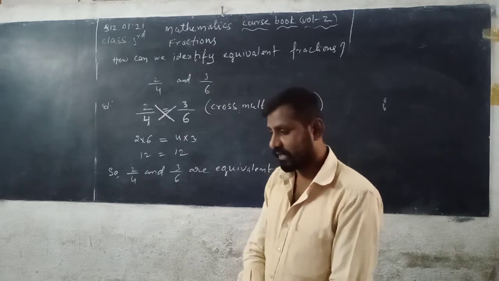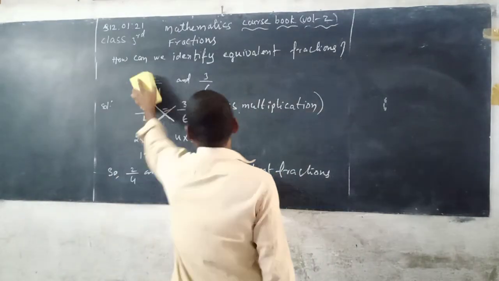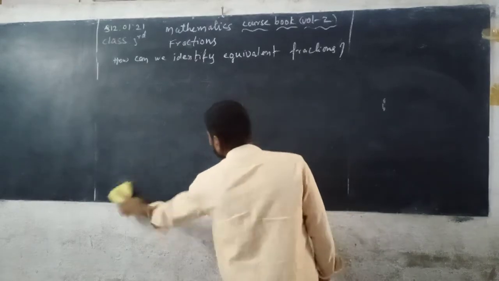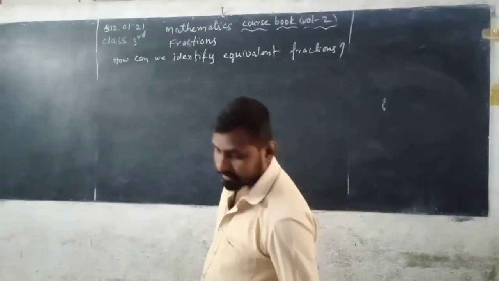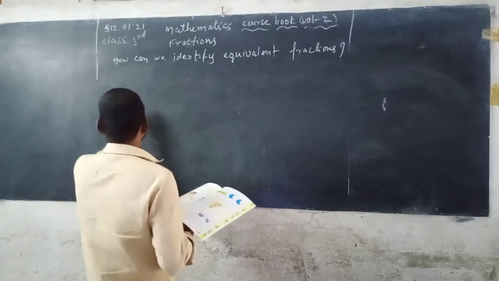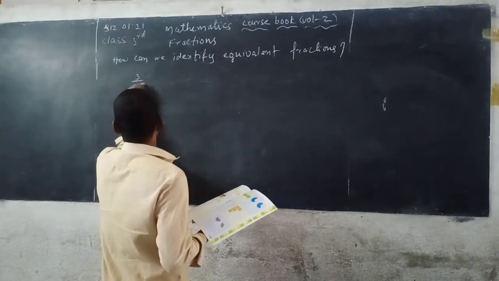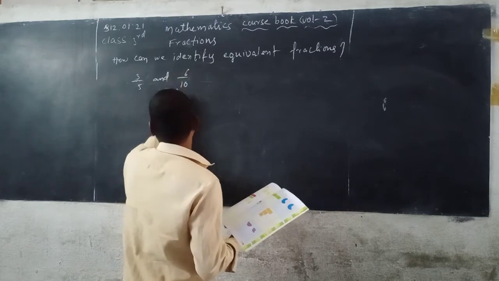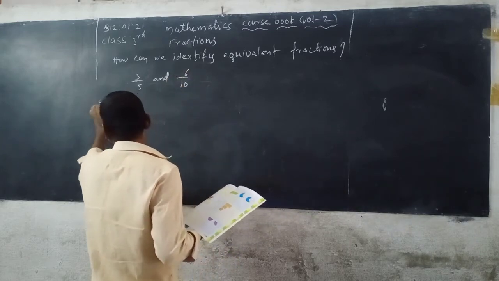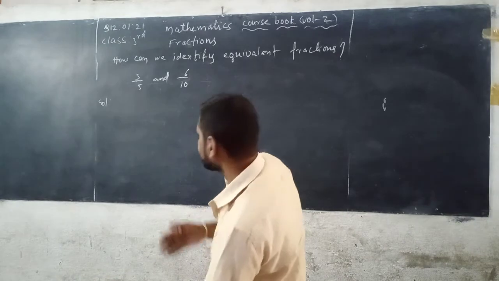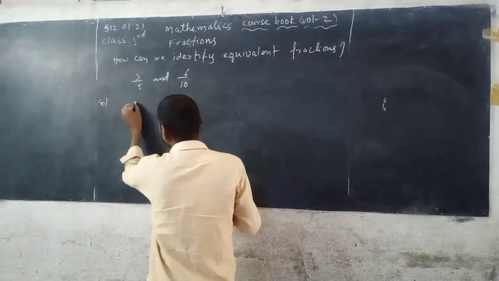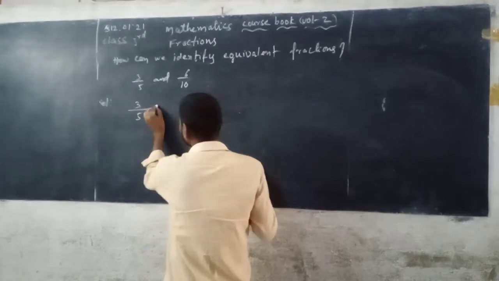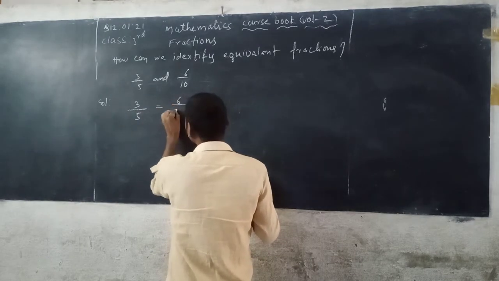See here, now next, 3 by 5 and 6 by 10. Look at the blackboard, everybody. 3 by 5 equals 6 by 10.